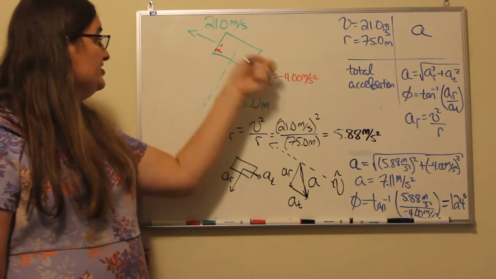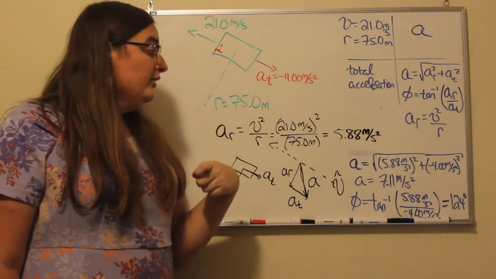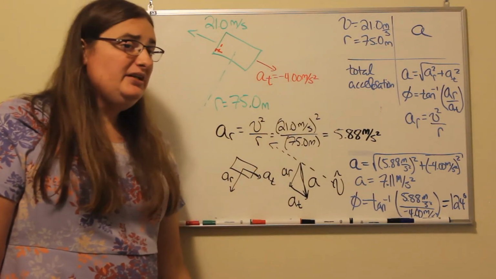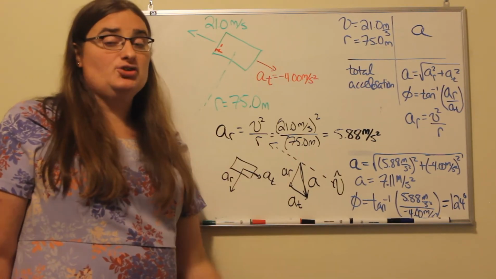Now your acceleration as you're traveling around that circle would be 21 meters per second quantity squared divided by 75 meters, which is 5.88 meters per second squared.